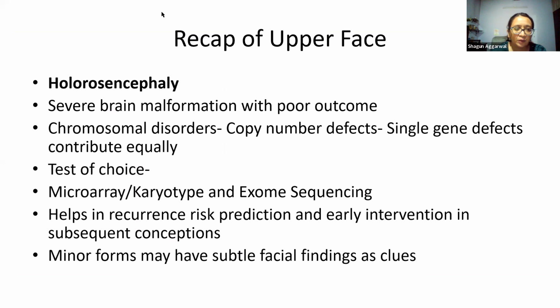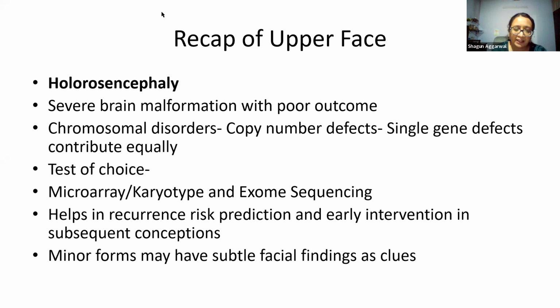We first looked at holoprosencephaly. We know that this is basically a severe brain malformation, usually with a poor outcome. We also saw how this can be caused by chromosomal disorders, microdeletions, microduplications, or single gene defects. So we inferred that whenever we see holoprosencephaly, we need to do a microarray ideally.